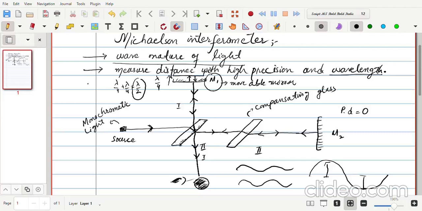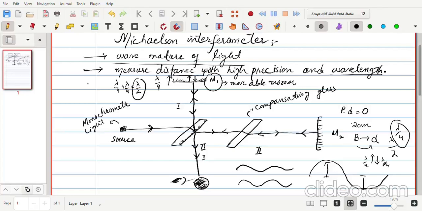But if I move the mirror up, say by a rough value like 2 centimeters, and the fringe was bright and is now dark, then we know that after bright comes dark, so the path difference is lambda by 2. But we moved M1 by lambda by 4, because the light covers lambda by 4 to go up and lambda by 4 to come down.